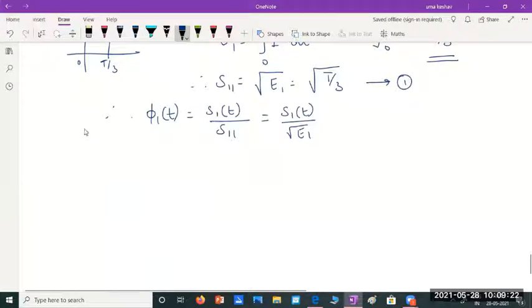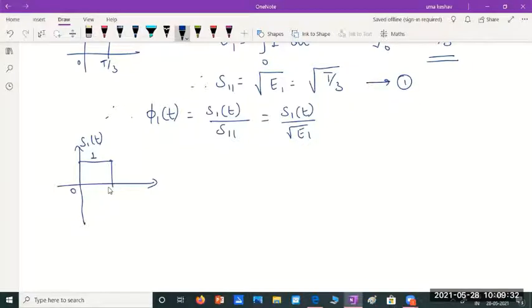We have S1 of t here, 1 in the interval 0 to T by 3, and if I divide it by root E1 or S11, which is root T by 3, what do you think I'll get?